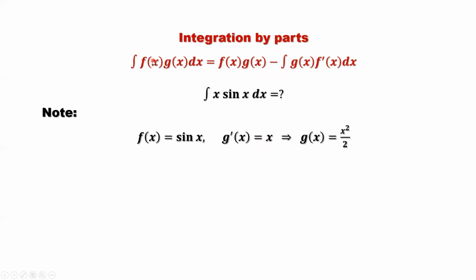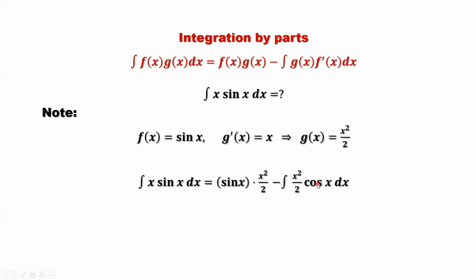Plug those three functions into this integration by parts formula. f times g, that's sine x times x squared over 2, minus g, that's half times x squared, then f prime. f equals sine x, f prime equals cosine x. From here, we compare the current result with the original integral.